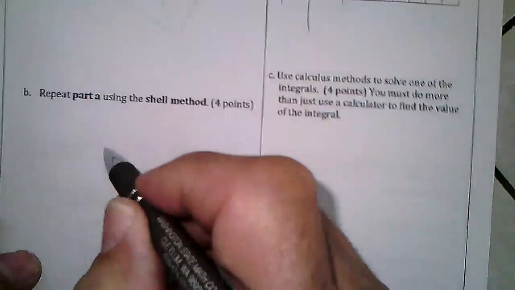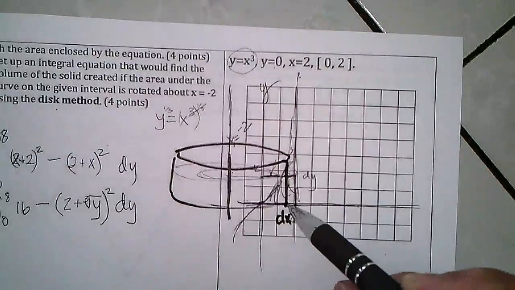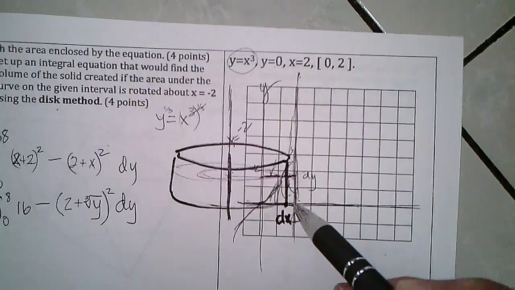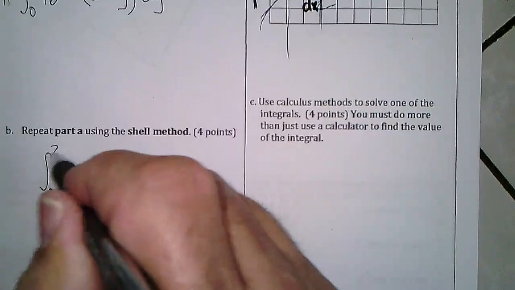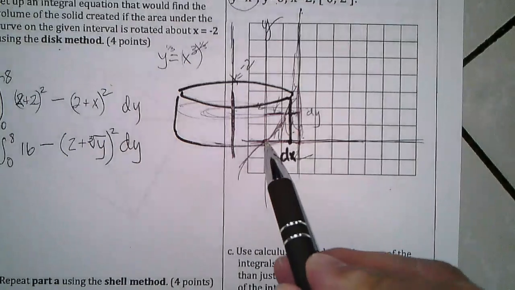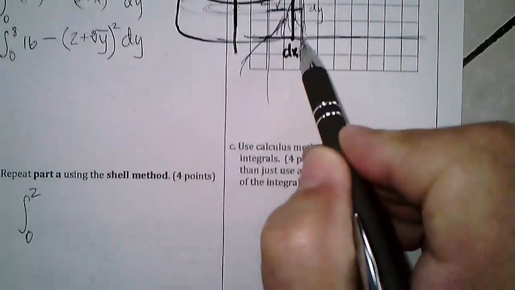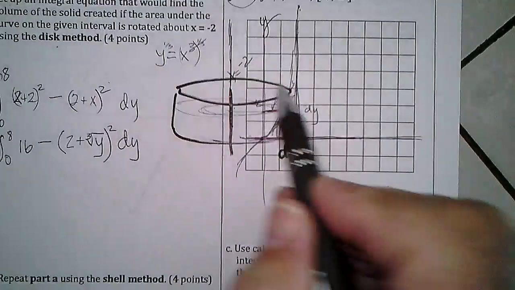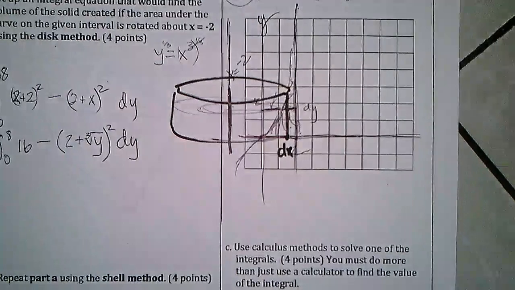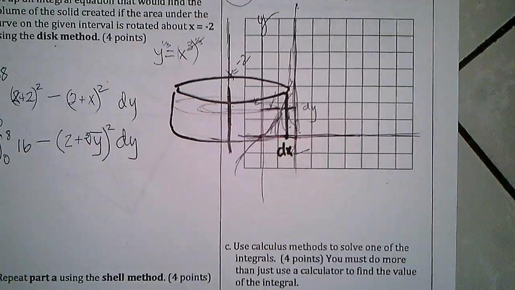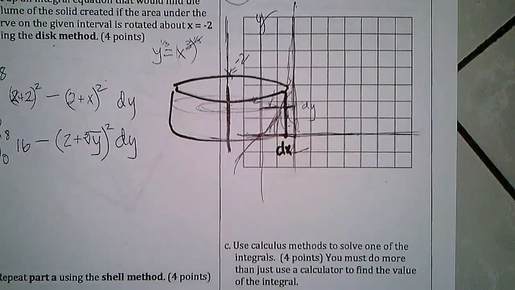So writing it down here, we're going to have integral. The dx is going to go from 0 to 2. X is going to go from 0 to 2. It's going to be a ring that's going to be a long rectangle. That's a rectangular solid, I should say. That's dx thick.